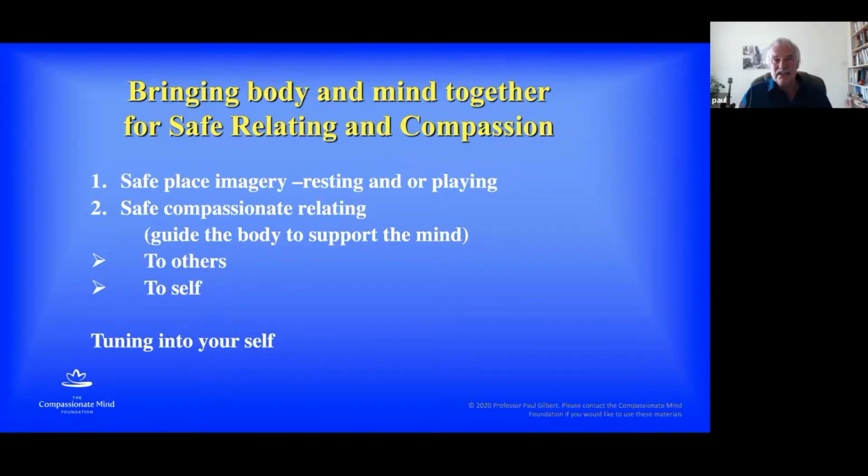Okay, so if there are trees or there's the sea or whatever it is, imagine that this is you. You know, there is a connection between you and this place. You are connected because this is your place, right? This is your place that you have created in your mind as a place for rest, digest, recuperation.